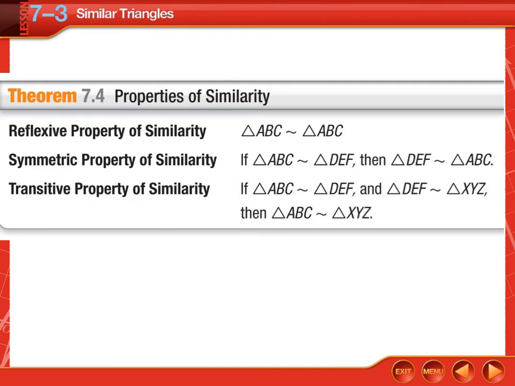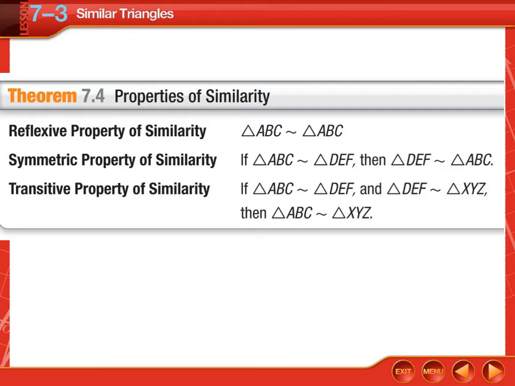All right, I just wanted to point out on this chart a couple of things, and that is the same properties that we've been looking at all along. First we started with algebra, then we looked at segments, then we looked at angles, then we looked at congruent triangles. Those same three properties, reflexive, symmetric, transitive, all apply to similar triangles.